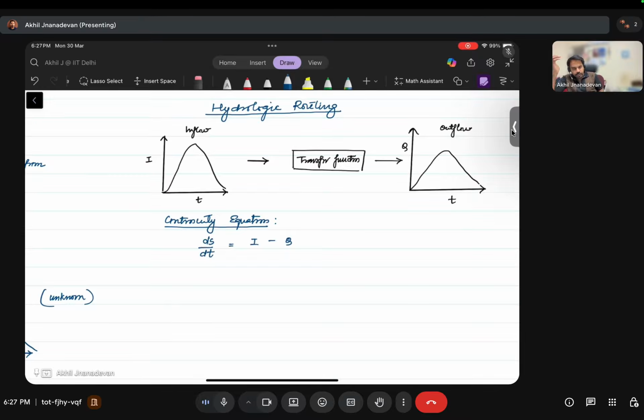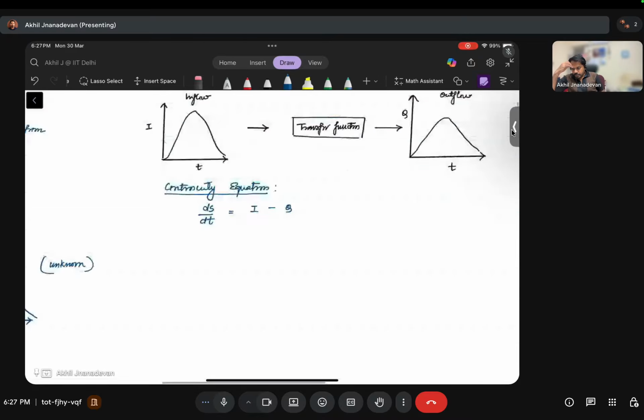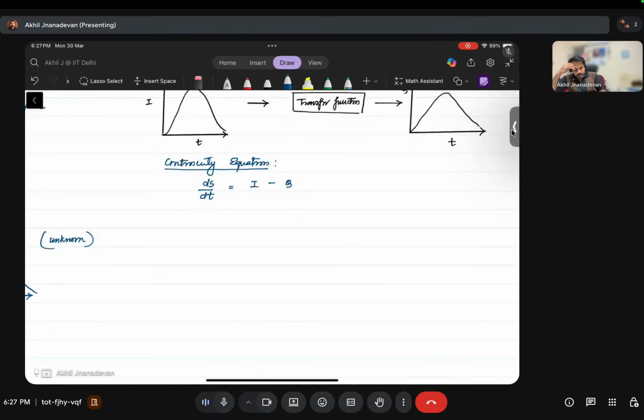So this is very clear to you. We have been using this multiple times in the previous lectures also. So here only I is known to us, Q and S both are unknown to us.